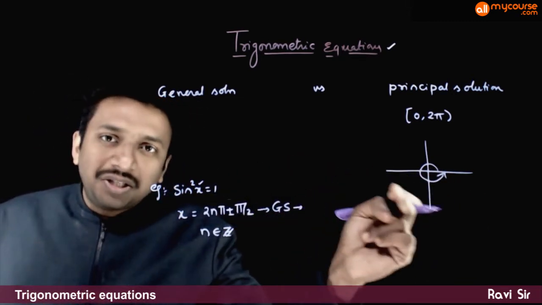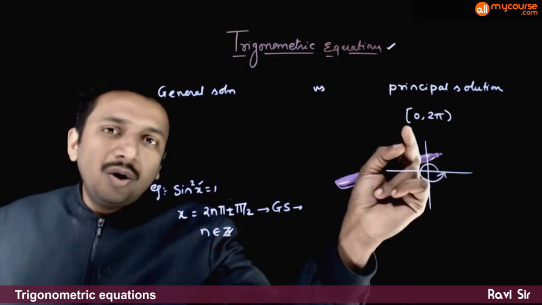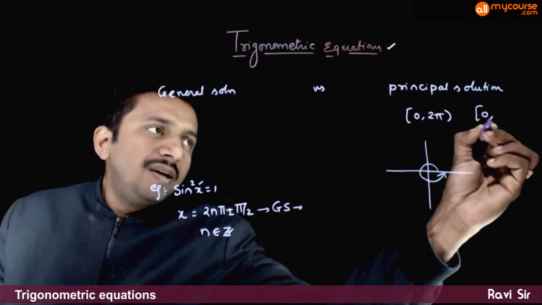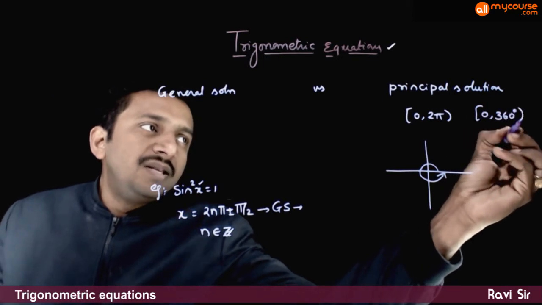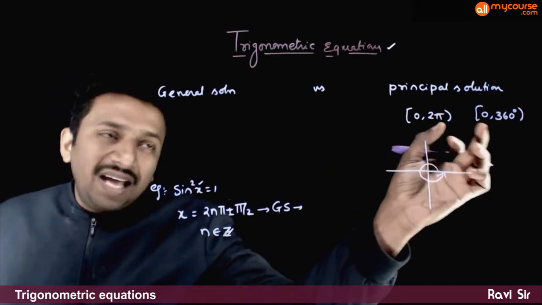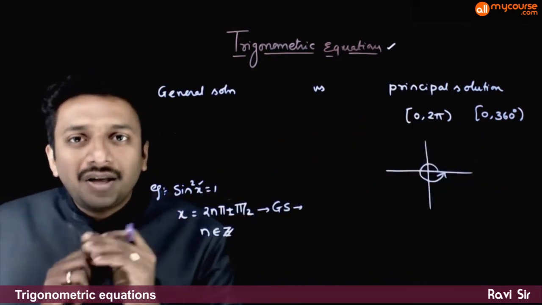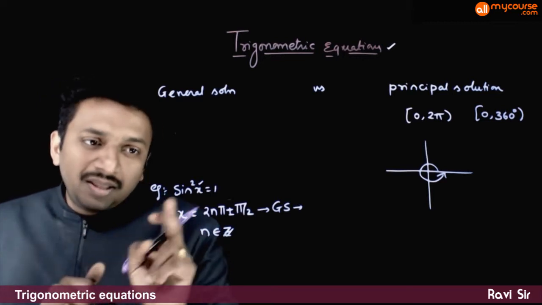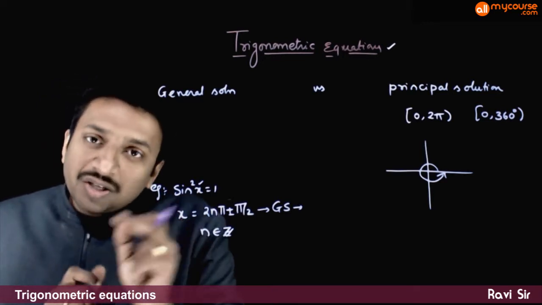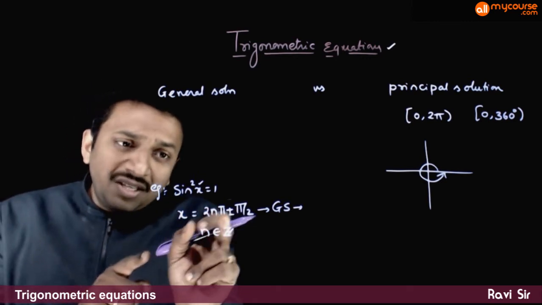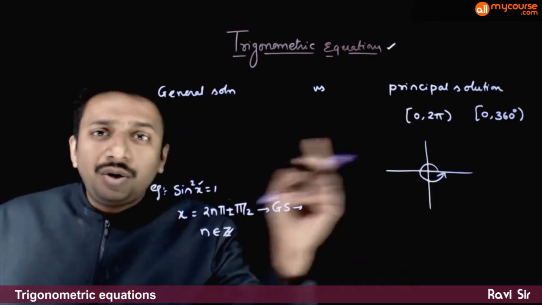The first rotation is 0 to 2 pi, or 0 to 360 degrees, 0 included, 360 not included. The solutions which lie in this interval are called the principal solutions. So to get the principal solutions is very easy. You just write the general solution and see which of these solutions are in 0 to 2 pi.